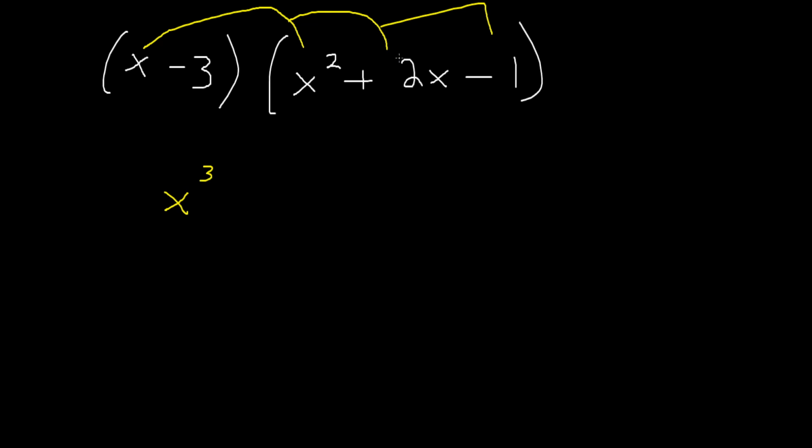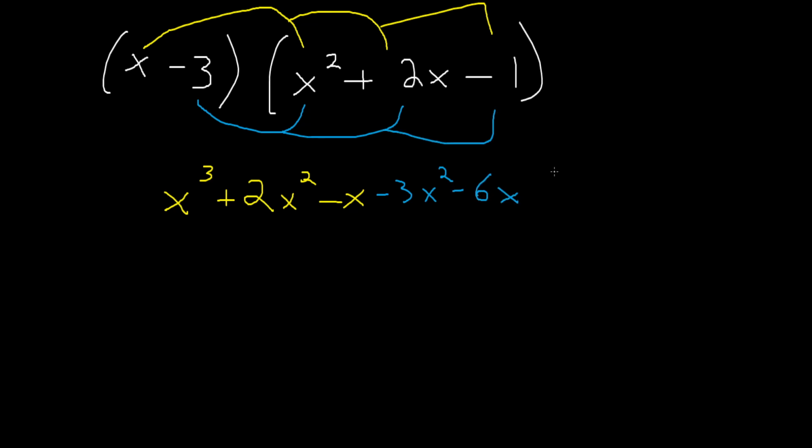And then x times 2x, that would be plus 2x squared. And then x times negative 1, that would be a minus x. Then you multiply by your second term, so negative 3 times x squared is minus 3x squared. Negative 3 times 2x is going to be negative 6x. And negative 3 times negative 1 is going to be a positive 3.